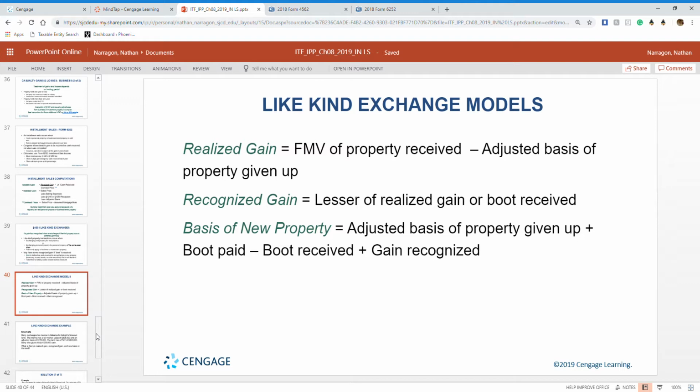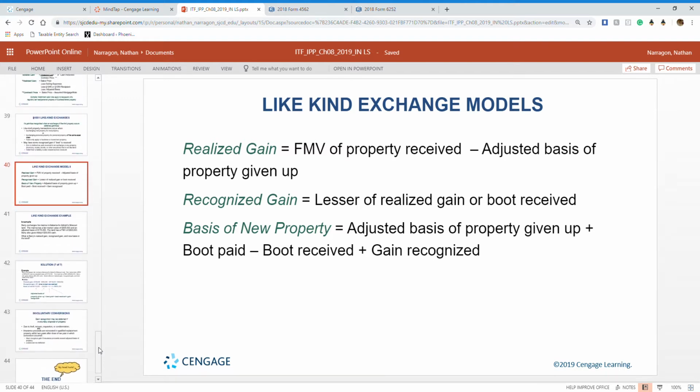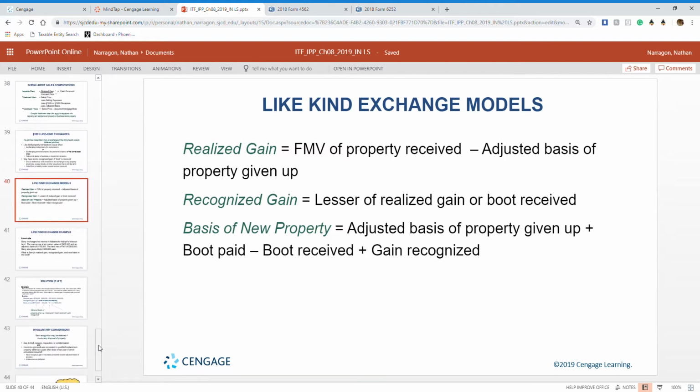And trust me, we're coming to the end. Like-kind exchanges and involuntary conversions, and that's it. So, like-kind exchange models: the realized gain equals the fair market value of property received minus the adjusted basis of property given up.